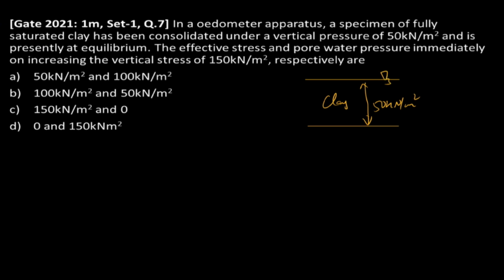The clay layer is fully saturated. Under fully saturated condition, we can take the stress acting on the clay layer as effective stress, so sigma dash equals 50 kilonewton per meter square. They are asking us to find the effective stress and pore water pressure immediately on increasing the vertical stress. Vertical stress is the total stress, that is 150 kilonewton per meter square.